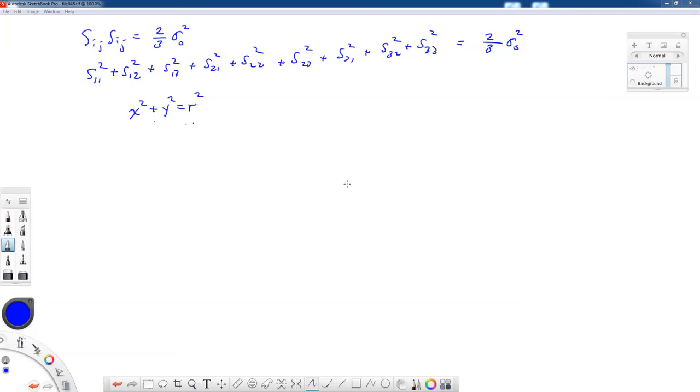What we have here is the equation of a hypersphere, and it's a hypersphere in 9 dimensions. And that's very interesting. I think it's geometrically very satisfying, I guess.